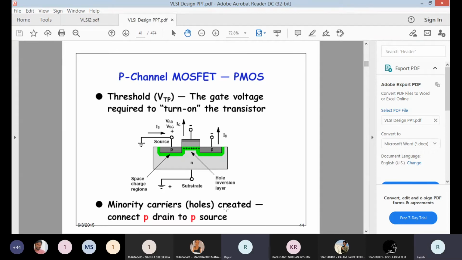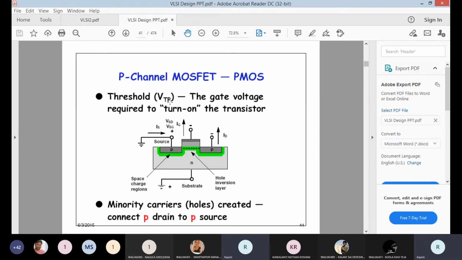Now the operation is considered for PMOS, where the threshold voltage for NMOS is written as VTN. That suffix N represents N-channel MOSFET. Here for P-channel it is VTP. In NMOS, the current carriers are electrons. In PMOS, current carriers are holes. In an N-channel MOSFET, VGS is positive and VDS is positive, whereas in a P-channel MOSFET, VGS is negative and VDS is negative.